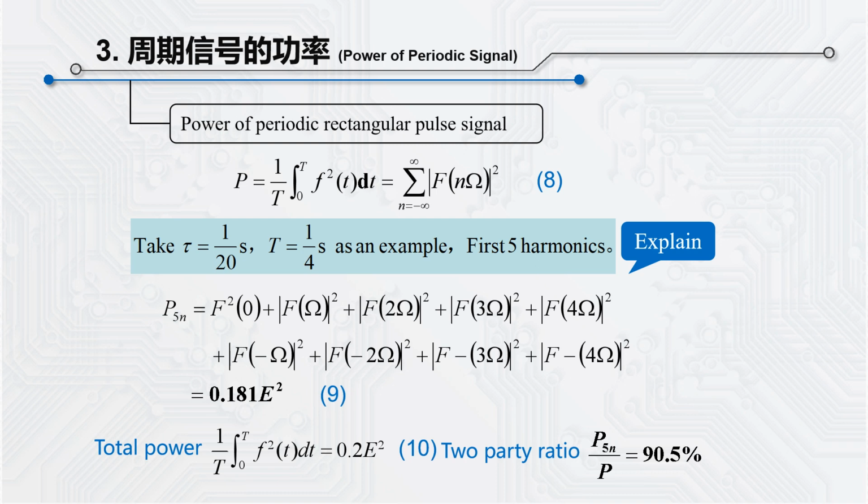This means that the first 5 harmonics account for more than 90% of the total power of the signal. This also shows that it is meaningful to take the first zero crossing point 2 pi over tau as its bandwidth.